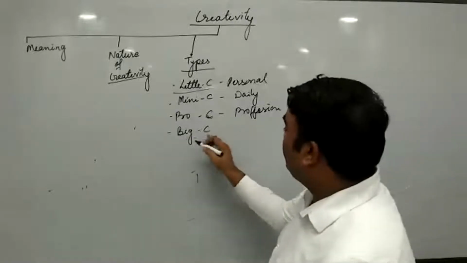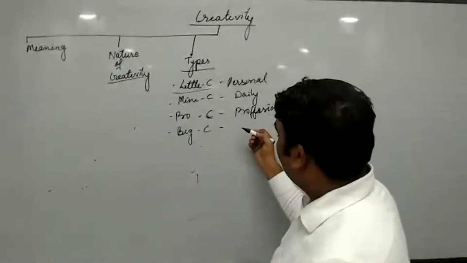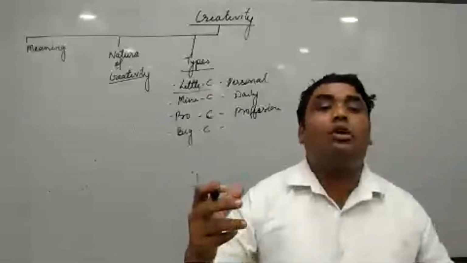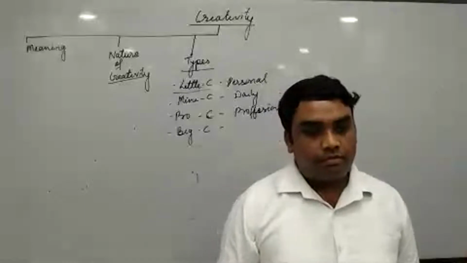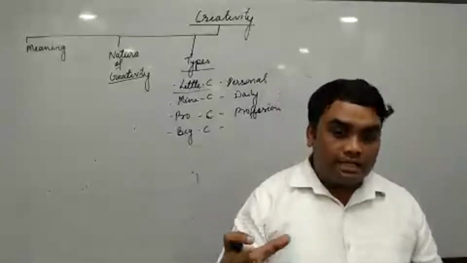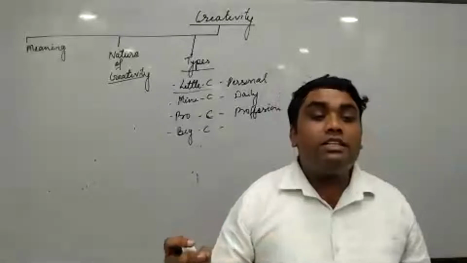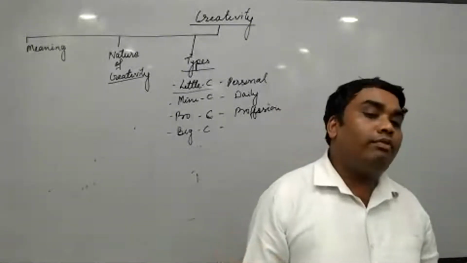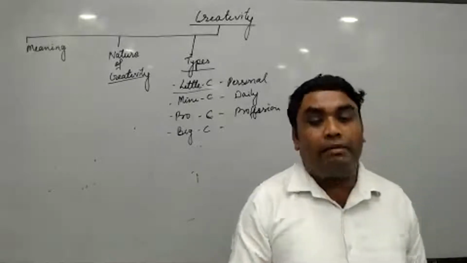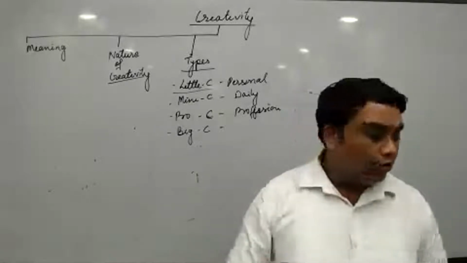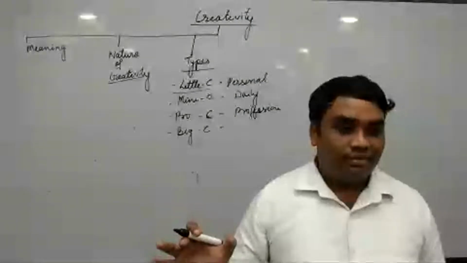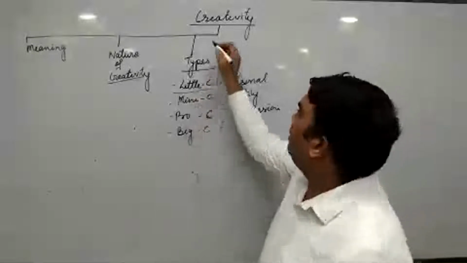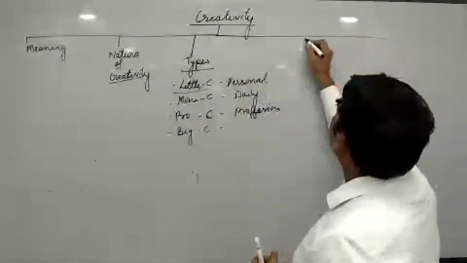And there is big C, creativity which influences a large group of people, like the invention of the bulb. The invention of the bulb has not only influenced American people, it also influenced Indians, even the whole world. So these are the types of creativity.